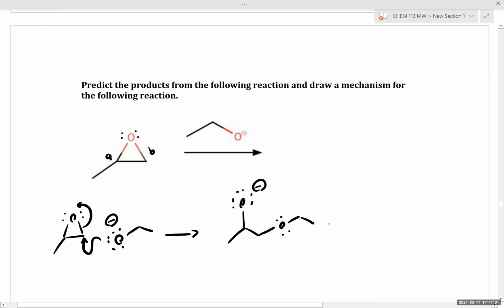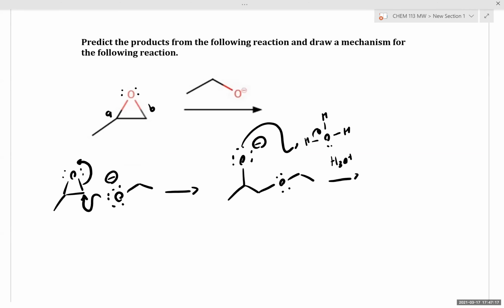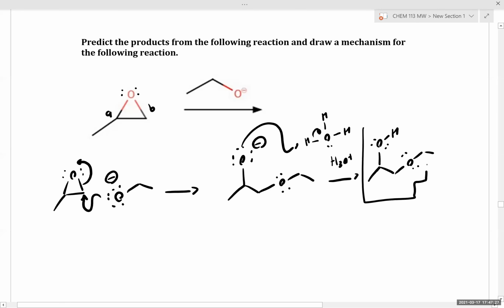And of course, if you decide to quench with water or H3O plus, you'll just protonate your anionic species and generate your neutral alcohol. Does this example make sense to everyone?